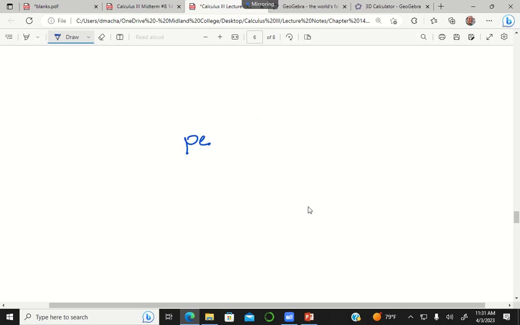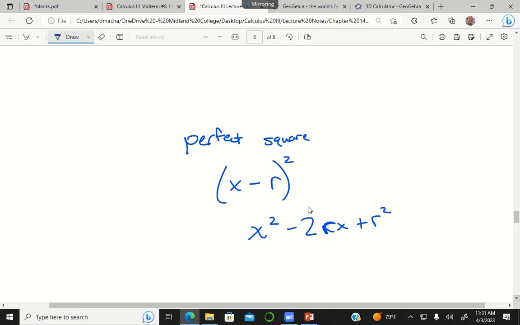Okay, because the definition of a perfect square is one where you can write the whole polynomial as (x minus r) squared. But that would mean that your polynomial looks like x squared minus 2rx plus r squared.